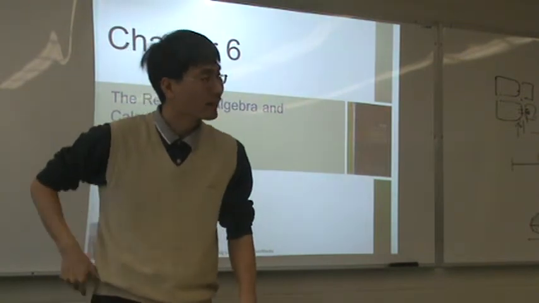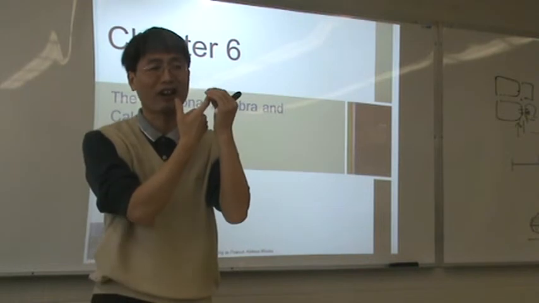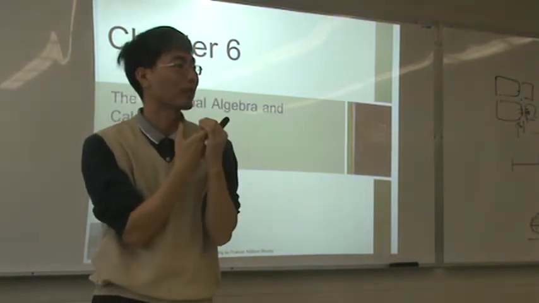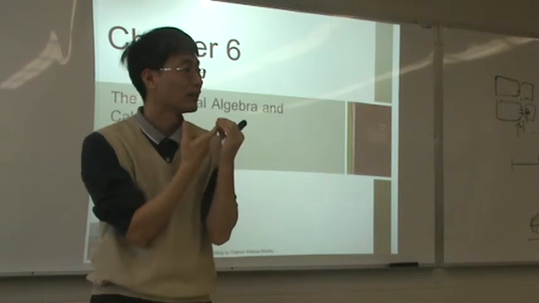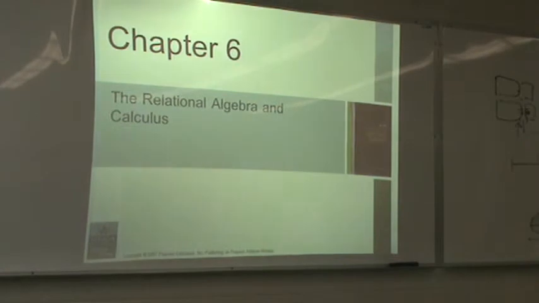In the Latin language, calculus means a small rock. Why is a small rock important, like a pebble? Small rocks were used for counting. A long time ago, there was no number. How do you count your land?